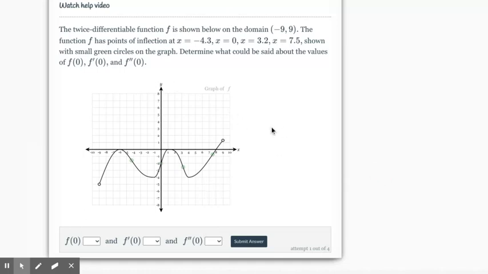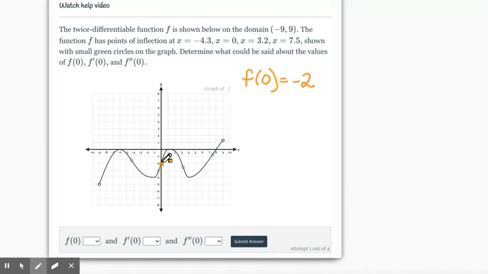The other thing they've done is point out where all the inflection points are, which is really nice. All right, so f of 0, I can figure out by just finding f of 0, and there's actually a point right there. f of 0 equals negative 2.